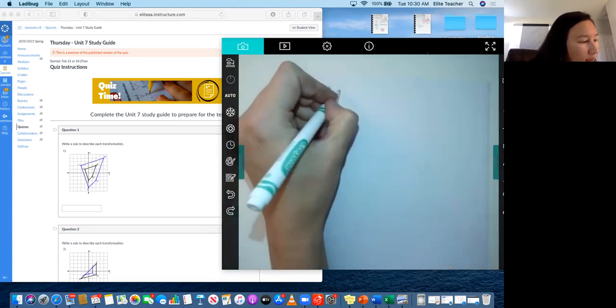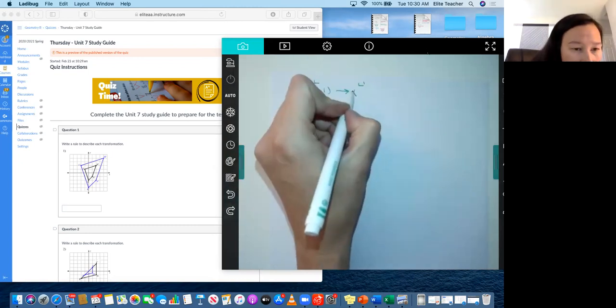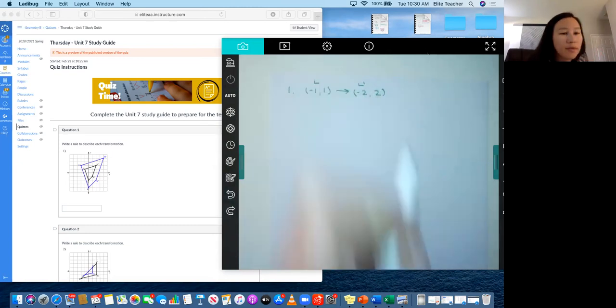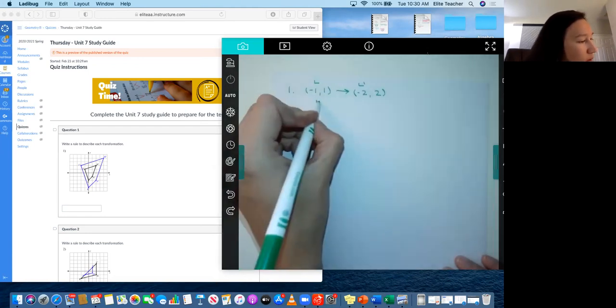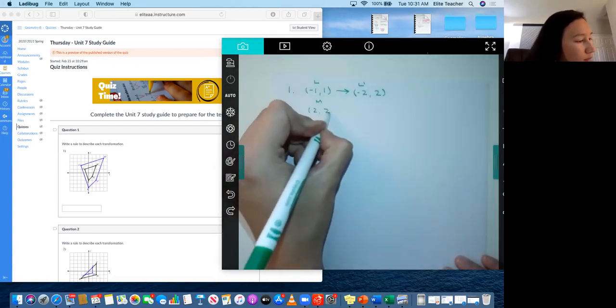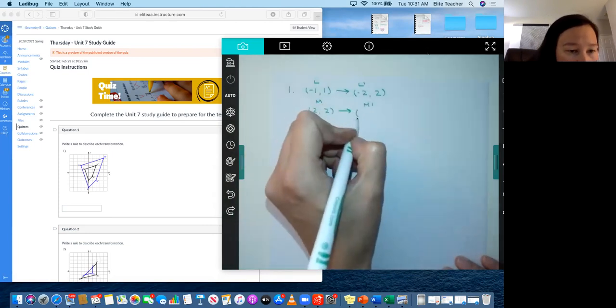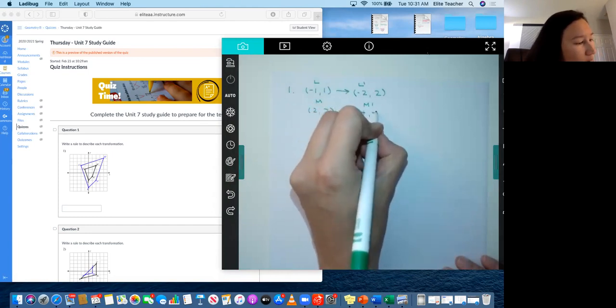And then L prime is at -2, 2. M is at 2, 2, and then its dilated M, or M prime, is at 4, 4.